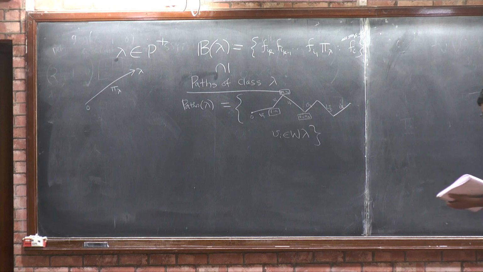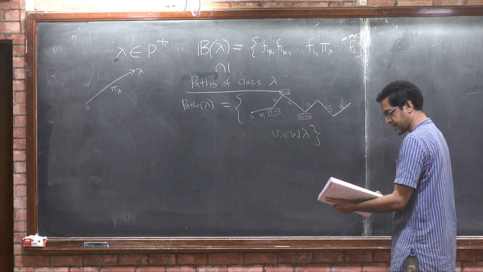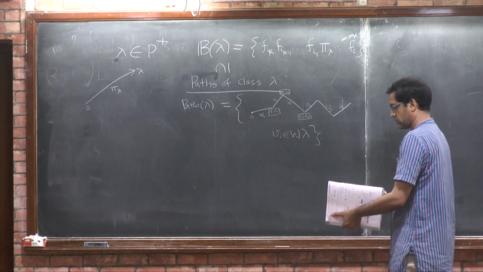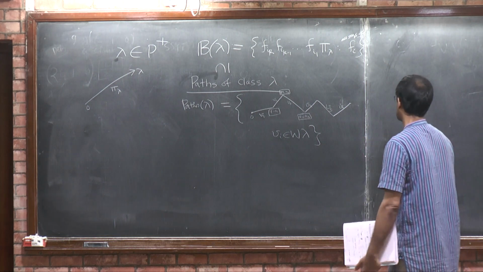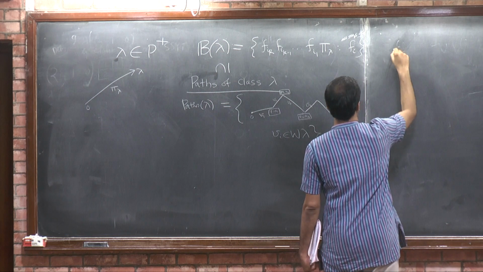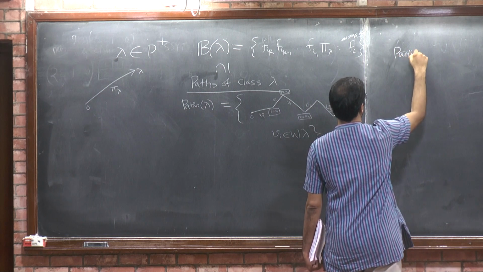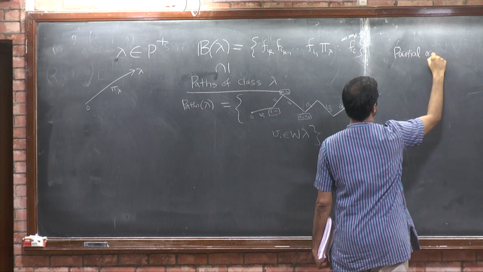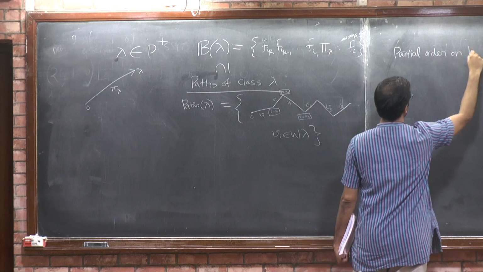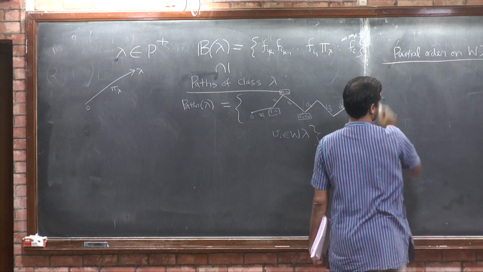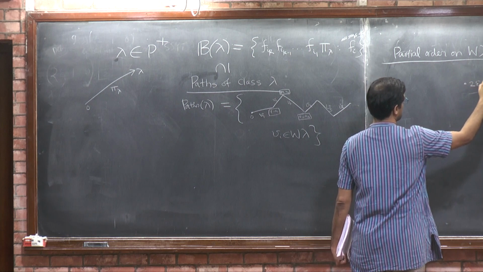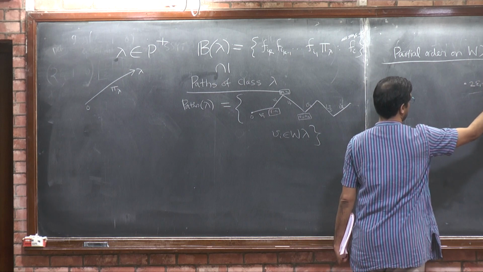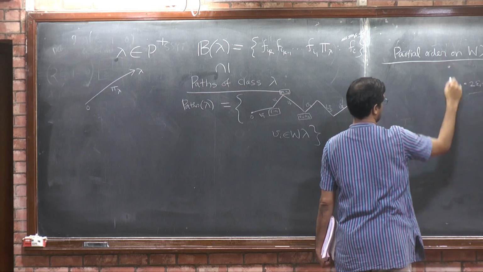Okay, so the first thing is, before I go back to that partial order that we introduced last time on the Weyl group and so on, maybe I'll just say that quickly, and we'll come back to this. So we introduced a partial order on the Weyl orbit of lambda, and if you remember the picture yesterday from 2 epsilon 1 plus epsilon 2 being lambda, so there's sort of a hexagon.